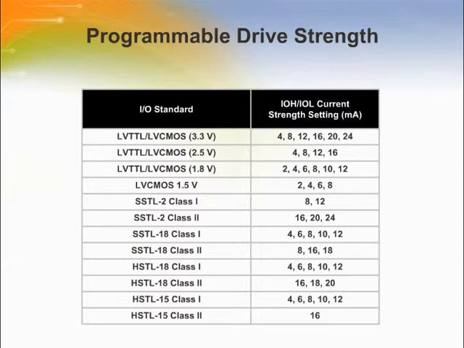Use minimum settings, along with signal slew rate control, to reduce system noise and signal overshoot. The table shows the possible settings for the I/O standards with drive strength control.